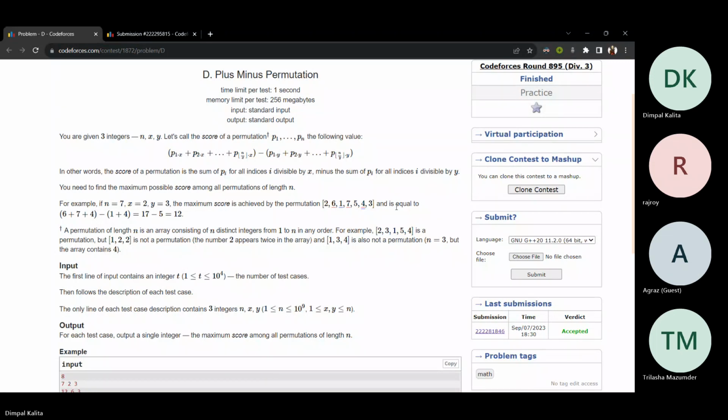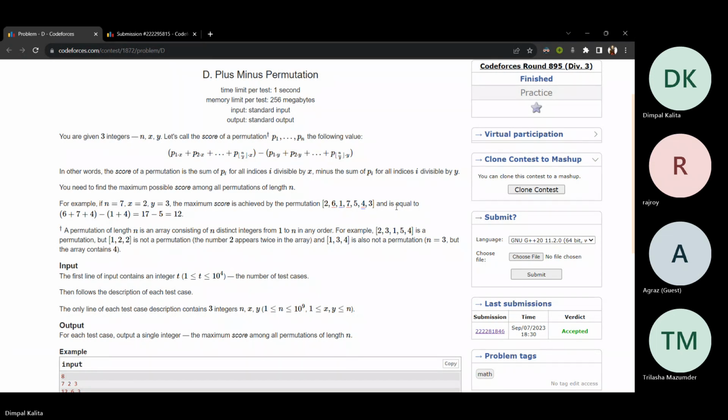We need to find the score of a permutation of length n. The score is defined as p1 plus and so on, till x minus p1 till y. So basically, the second line describes what we have to find. The score of a permutation is the sum of pi for all indices i which are divisible by x, minus the sum of pi for all indices i which are divisible by y.